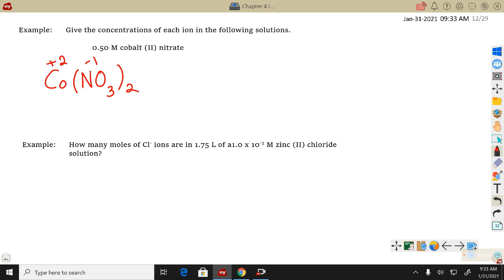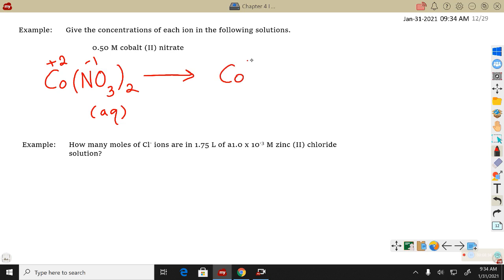Okay, so we have a 0.5 molar cobalt-2 nitrate solution, which does mean that it's aqueous. It was solid cobalt nitrate, and then we dissolved it in water. When it's in solution, nitrates are 100% soluble, so it's going to dissociate to form ions.